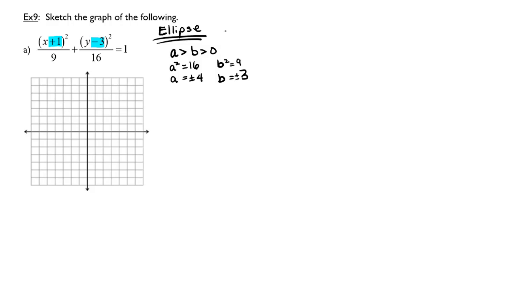The ellipse will be centered at a point, and we have to determine that based on these shifts. Since we have an x plus 1, it will be shifted to the left one, so we'll put a minus 1. And since we have a y minus 3 squared, that means it will be shifted up 3. So the center of my ellipse will be at negative 1, 3.